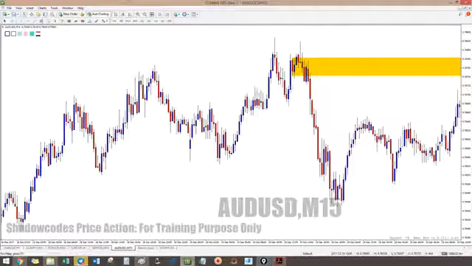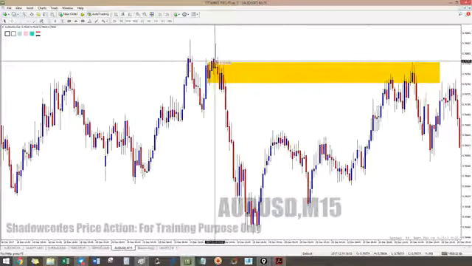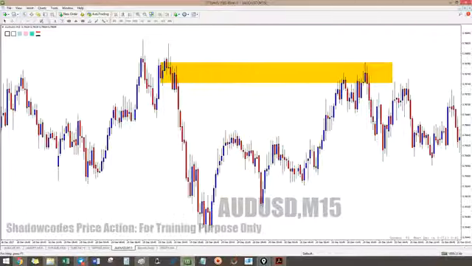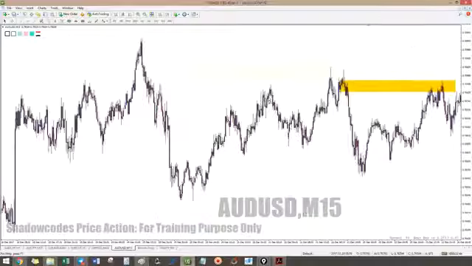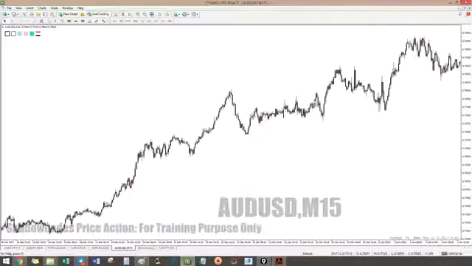This is a rally base rally. Okay, it's able to break. So this is a demand zone, and then price drops down. So this makes it our swap zone. I think this is not clear enough. So can we find another one? I don't want to make it confusing. Alright, wait a moment.